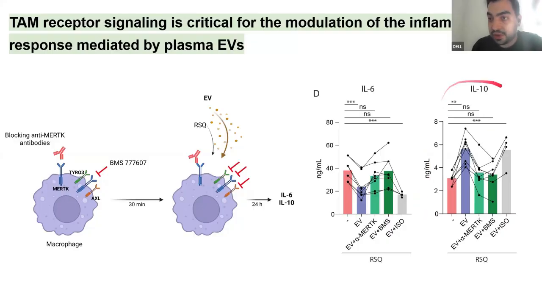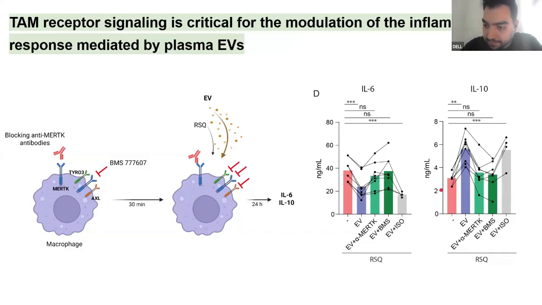The same with the promotion of IL-10 secretion when you treat activated macrophages with EVs: when you pre-treat your macrophages with the blocking MERTK antibody or the BMS, you see the loss of this anti-inflammatory effect.